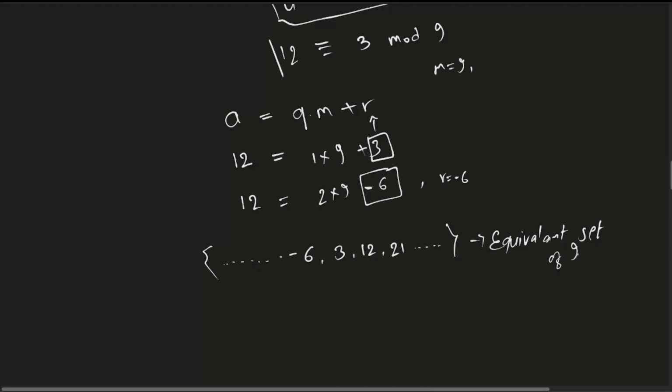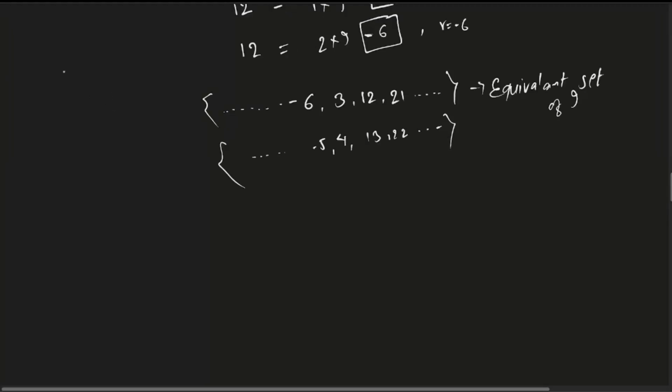In fact, the equivalent set of 9 can have a total of 9 sets. So this is one of the sets. Another set we could have is, let's start with the 4. From 4 plus 9 will be 13, 22, and then so on, and same thing on the back as well. So it would be -5 on the back, and so this is another equivalent class.